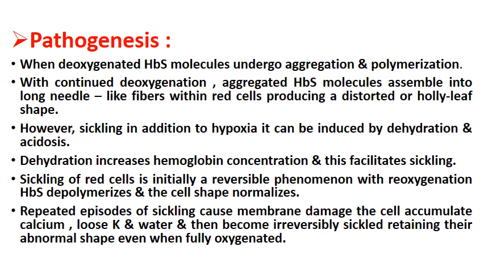Pathogenesis. When deoxygenated hemoglobin S molecules undergo aggregation and polymerization, with continued deoxygenation this aggregated hemoglobin S assembles into long needle-like fibers within the red blood cell, which produce a distorted red blood cell, holly leaf or crescent shaped. However, in addition to hypoxia, there are other factors that can induce sickling, such as dehydration, acidosis, and infection.